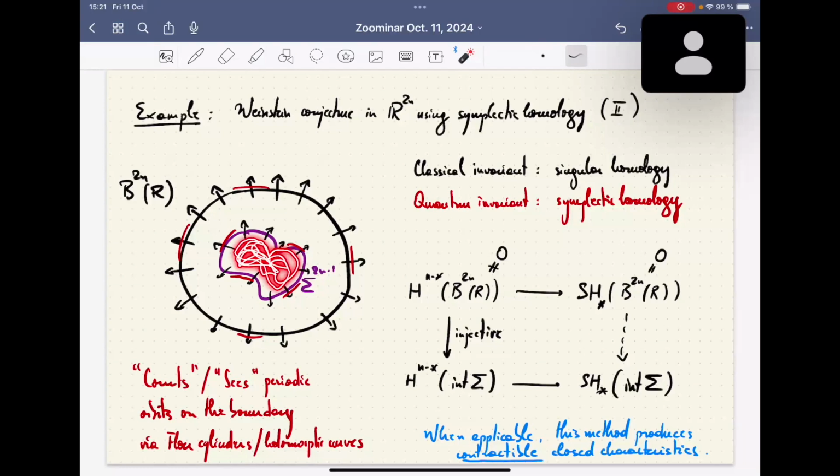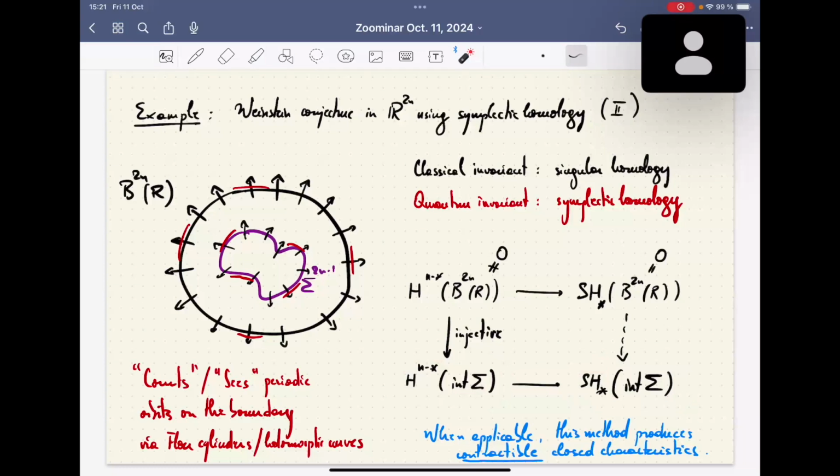Apart from looking at the topology of the domain, we also complement it by dynamics on the boundary. So it counts not only the topology inside, but also periodic orbits of the Hamiltonian system on the boundary. As such, there's a canonical map that goes from the homology of the interior of the domain to the symplectic homology.